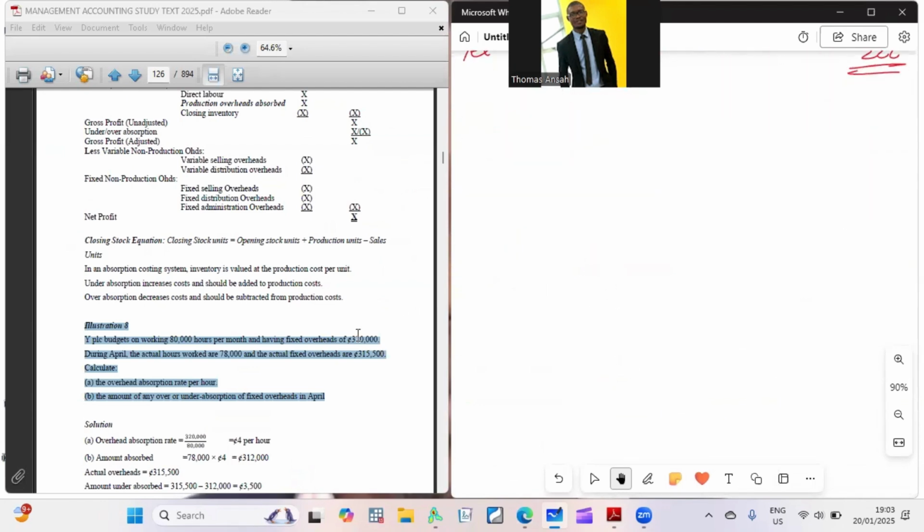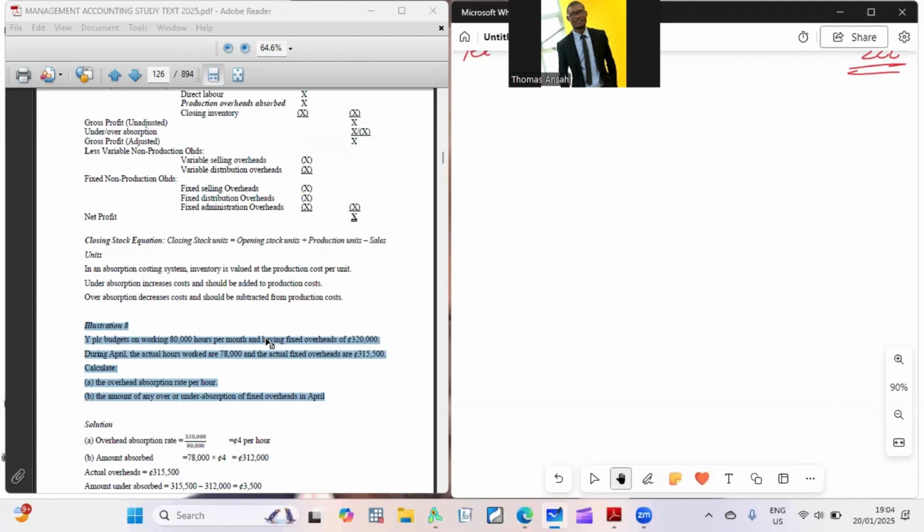So that is it. This is what we have. Y PLC budgets on working 80,000 hours per month, so the budgeted hours is 80,000, and having fixed overhead of 320,000.